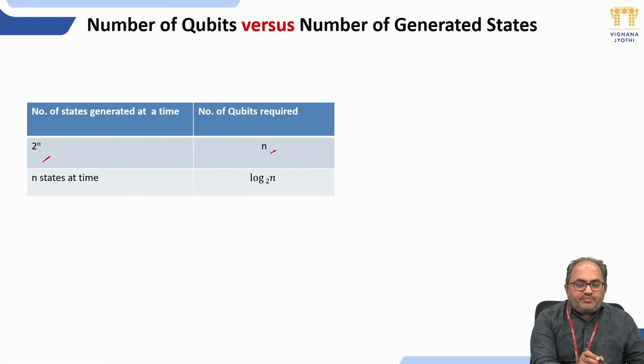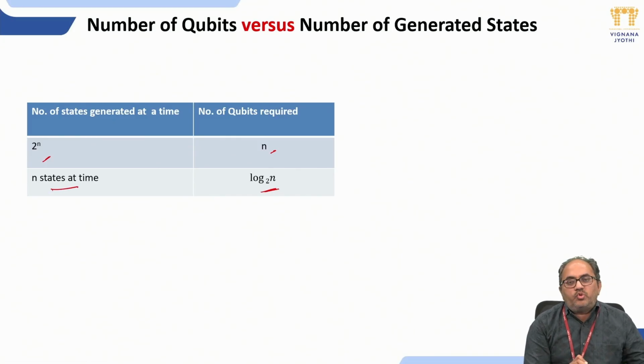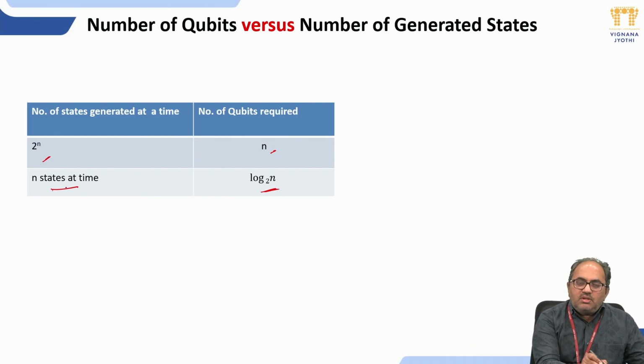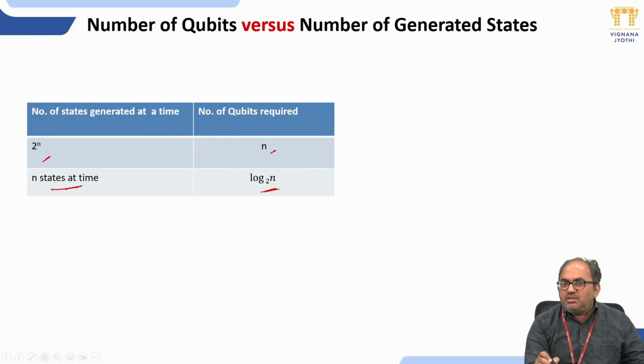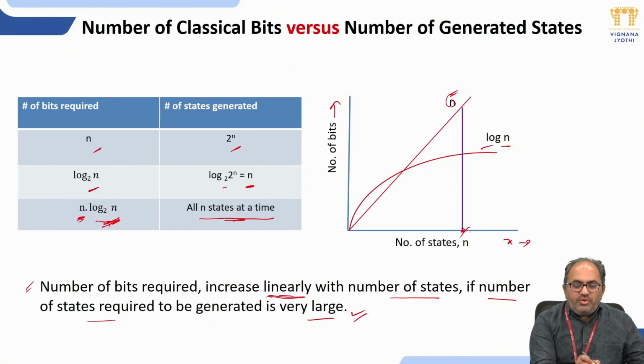Now, you take log on both sides. You will have n number of states at a time with log n base 2 number of qubits. Right. Now, earlier in classical computing, if you want to have n number of states at a time, how many bits do we require? We require n bits if you want to generate n states simultaneously.